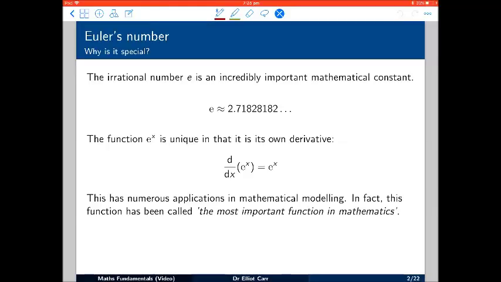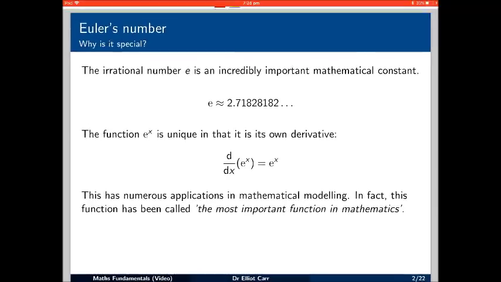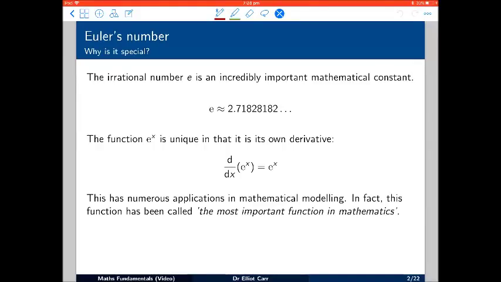Okay, so Euler's number is represented by a lowercase e, and its value is given by this value here, so it's 2.718, and so on. These digits repeat forever.